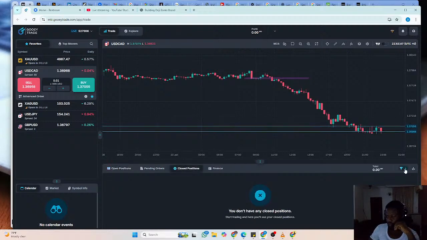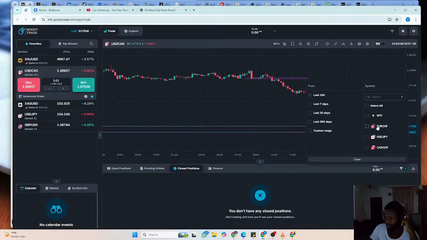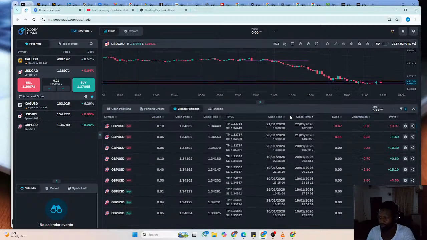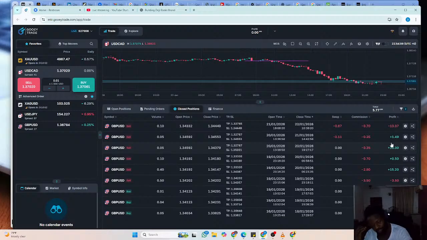Let me show you some of the sell positions I took. So these are all the trades I took on GU, if you can see that in the chart.